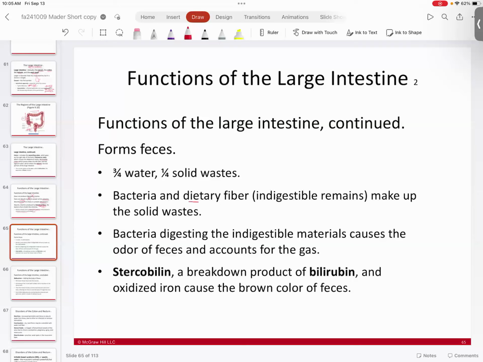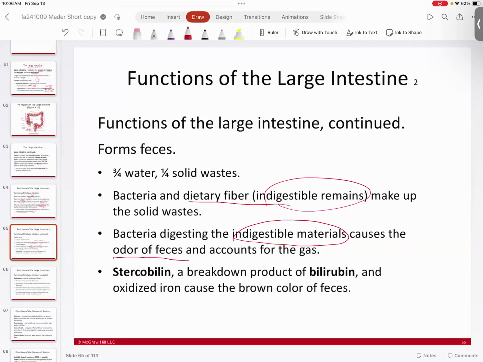Bacteria and any dietary fiber, that's the indigestible remains. That's the solid portion, which just passes through. When the bacteria digests these indigestible materials, it causes a smelly byproduct, right? That creates the odor and also the gas associated with that.